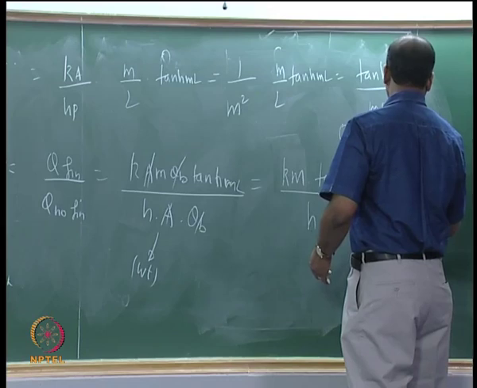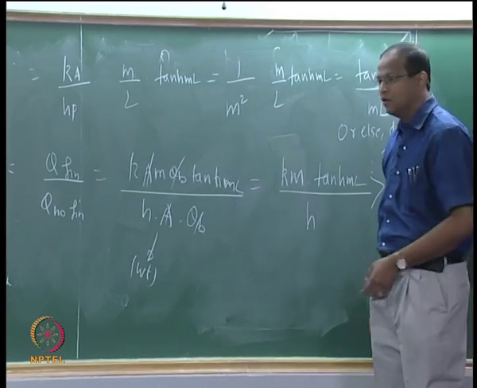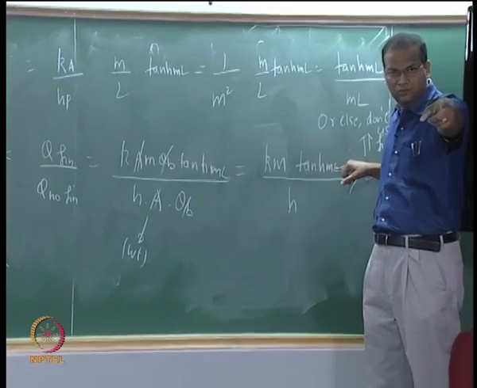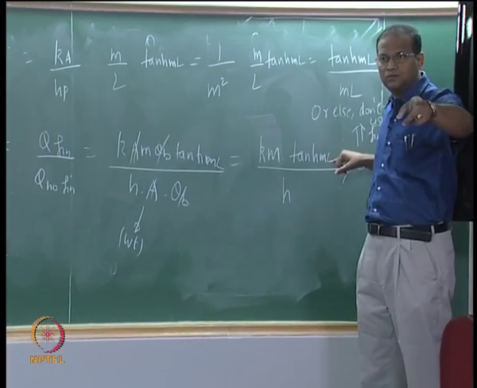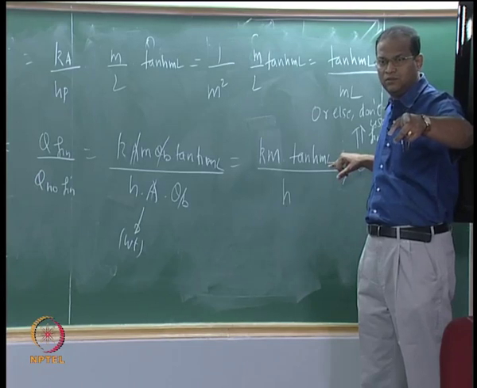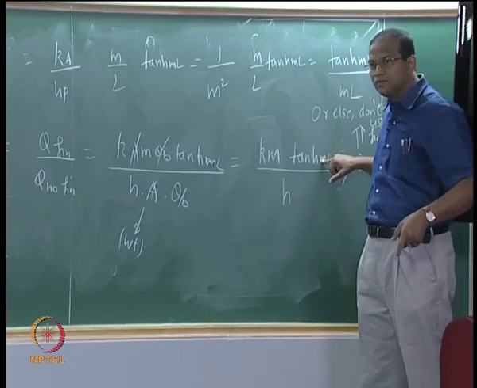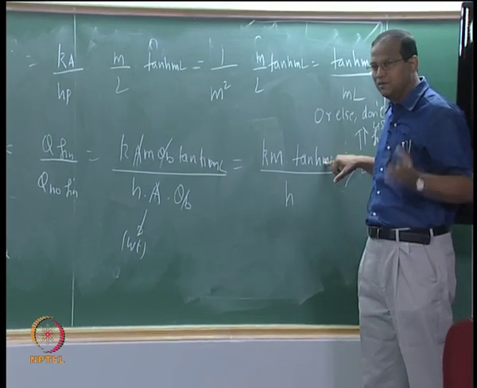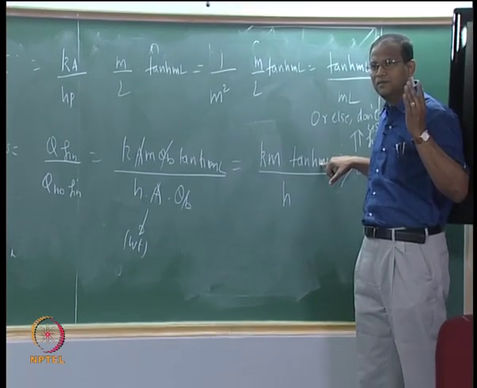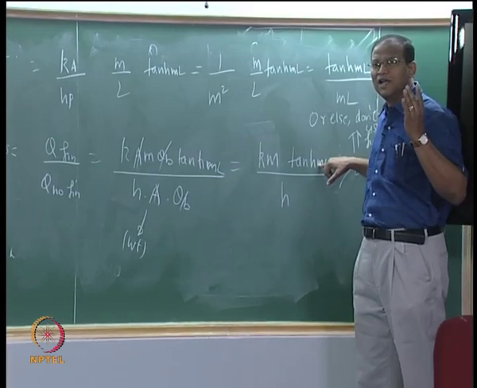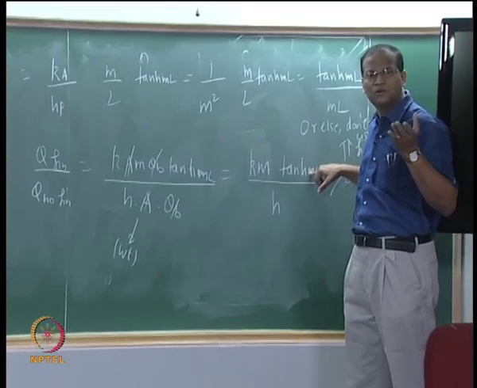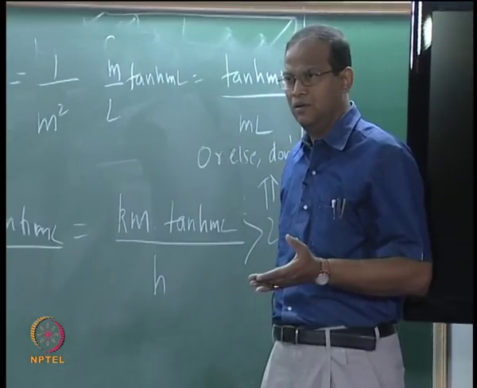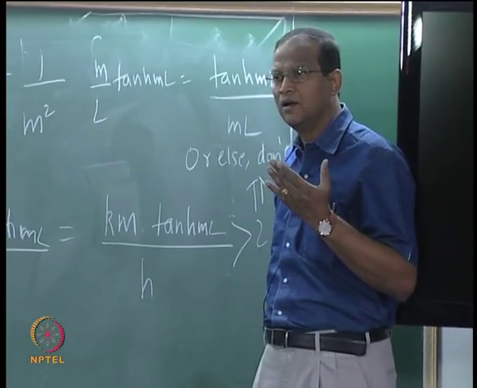You can quickly see that, what is tanh of 2? No, tanh mL, tanh of 2 is 0.96, tanh of 3 is 0.98 or 99.